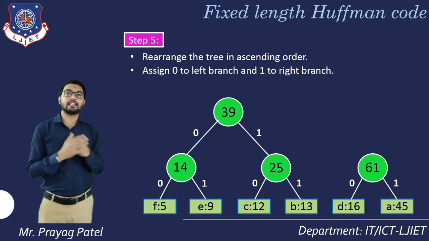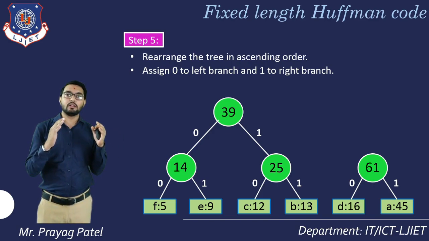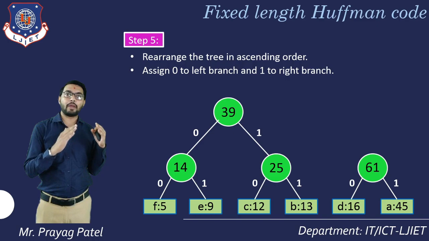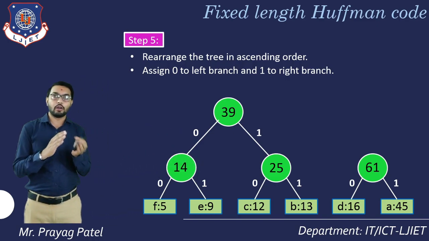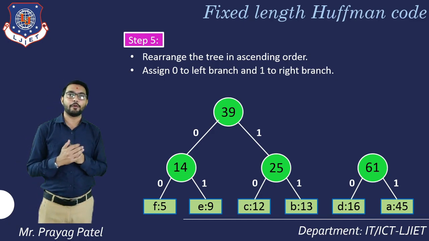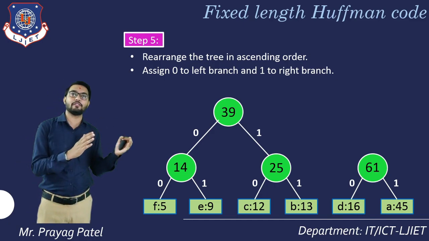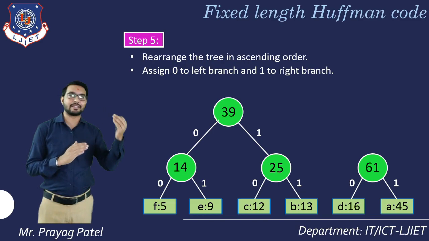For combining these two nodes, first we match the level. So for matching the level, we consider 61 as one node and another node as a 0 node. So the 0 plus 61 combination is 61.